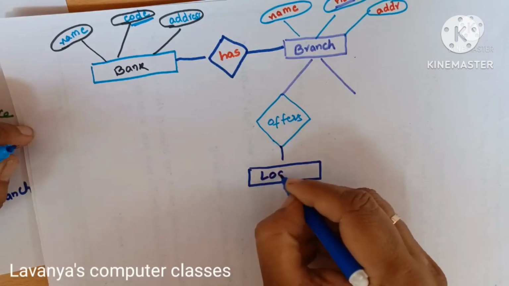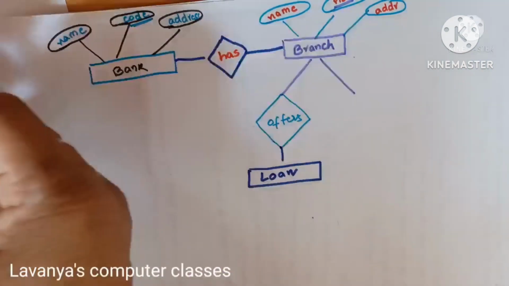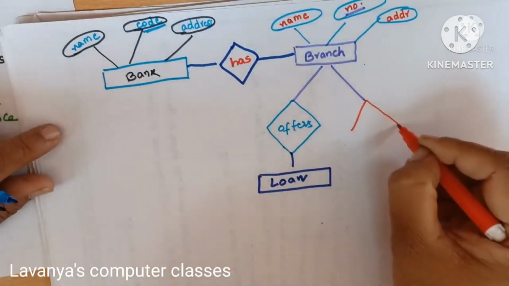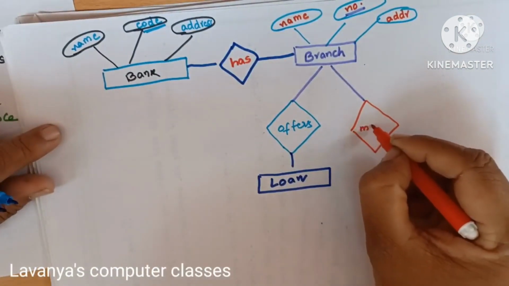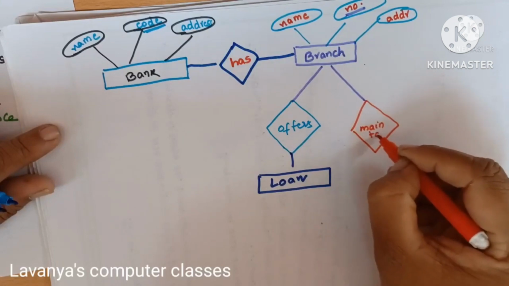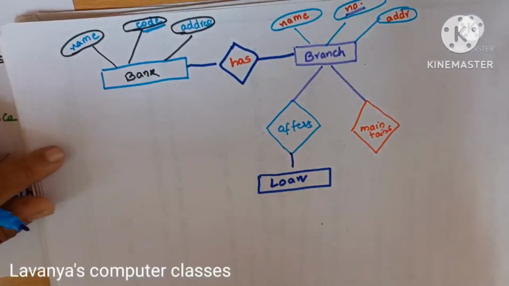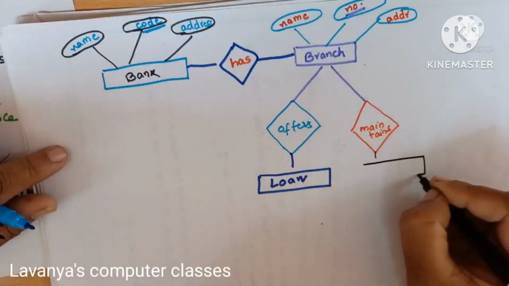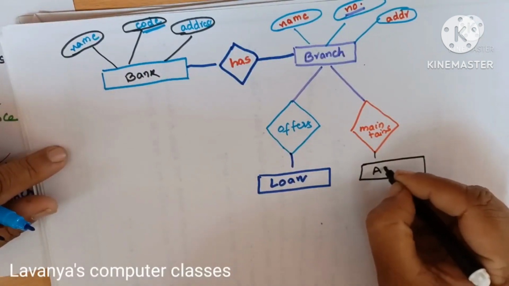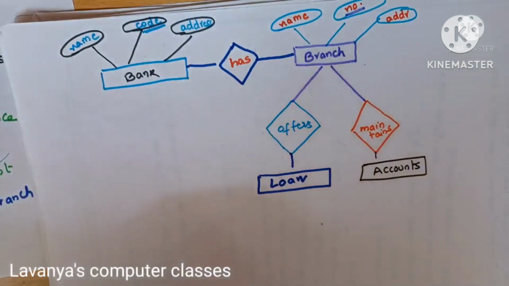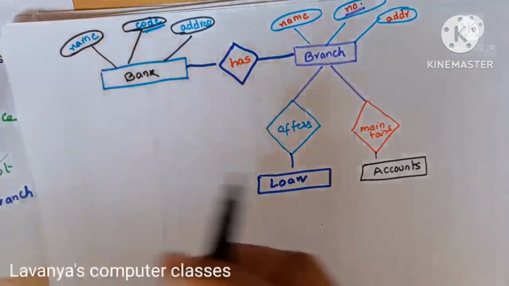Loan is one more entity set. Another relationship is branch maintains. What does it maintain? It maintains accounts. Here loan is one more entity set and account is another entity set.